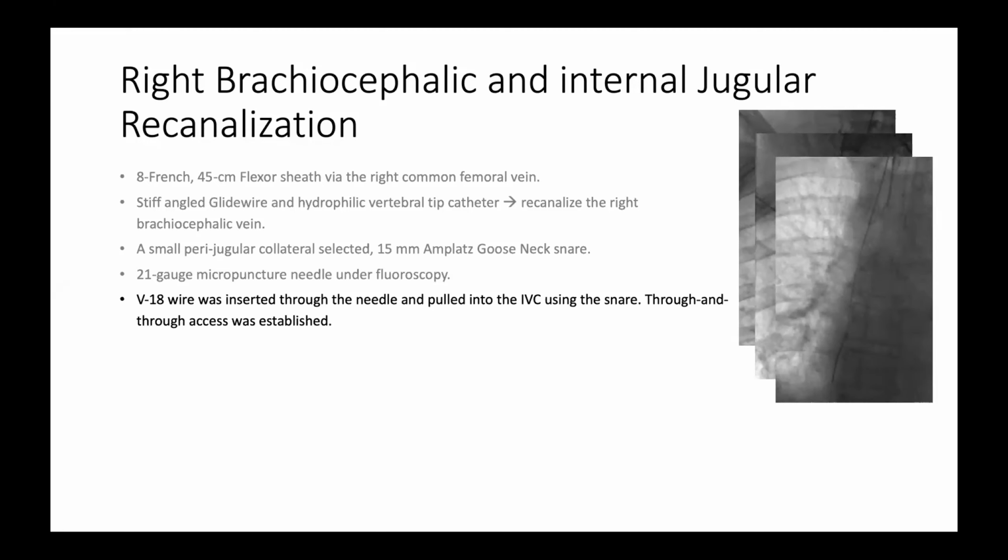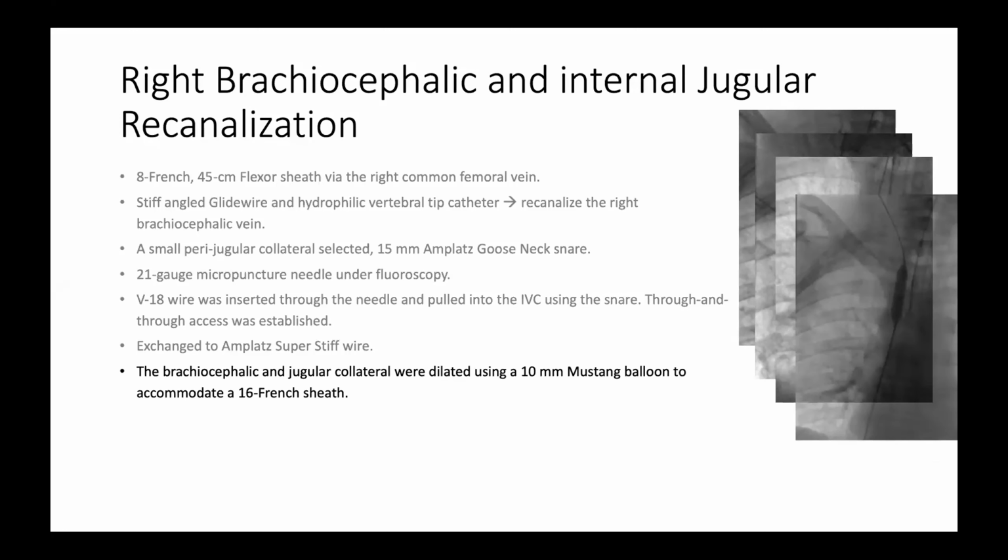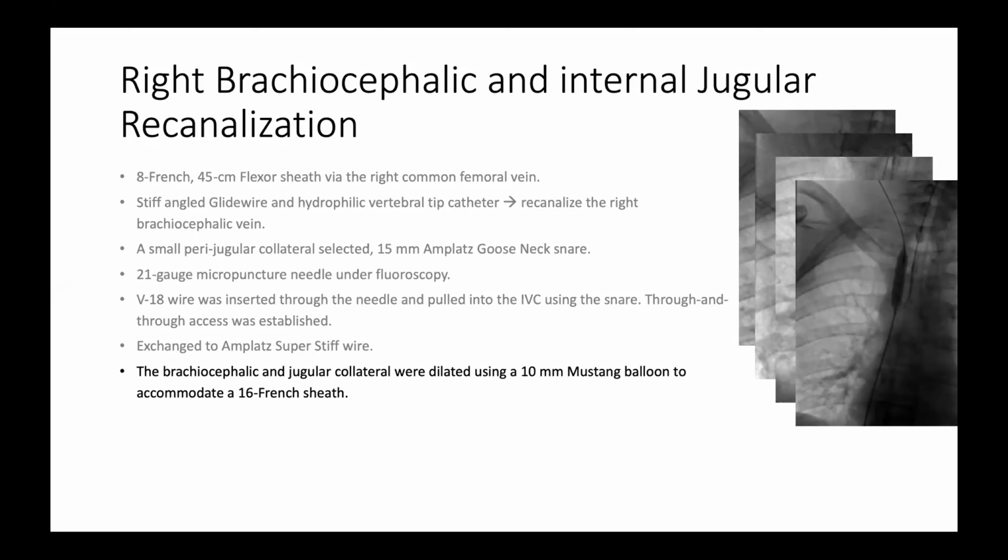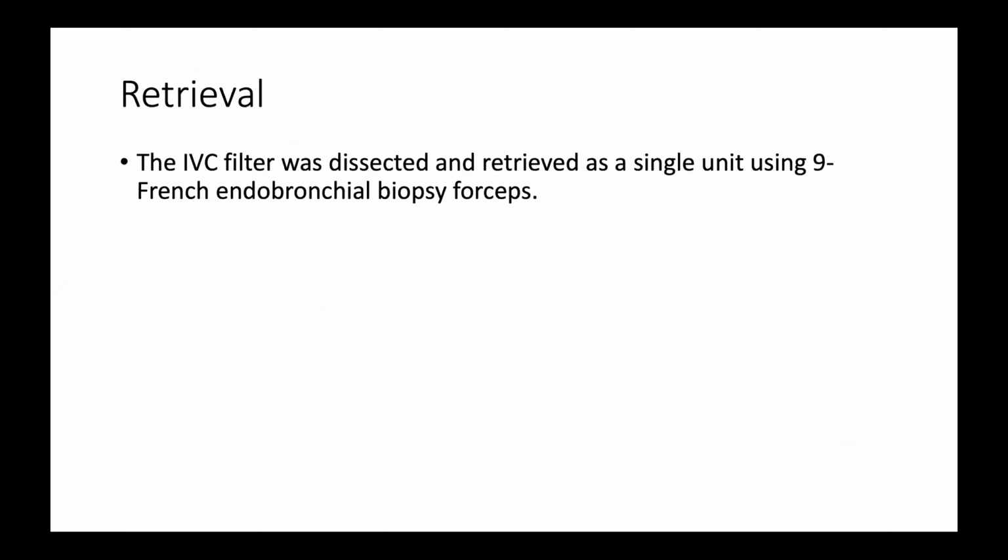So now we have a through-and-through access that was established, and exchanged it to the Amplatz super stiff wire. We ballooned the brachiocephalic and the collateral jugular vein that we accessed using a 10 millimeter Mustang balloon, and now we're able to accommodate a 16 French sheath from the neck.